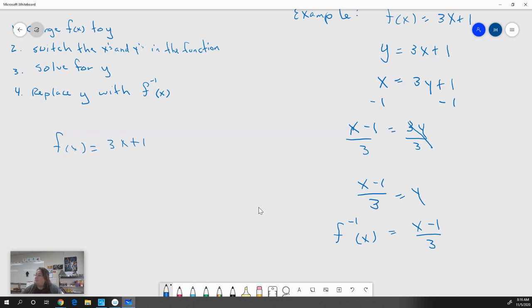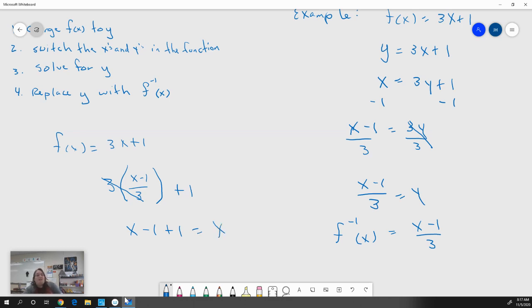So if I plug this in, I would have 3 times x minus 1 over 3, right, plus 1. These cancel out, and I wind up with x minus 1 plus 1 equals x.